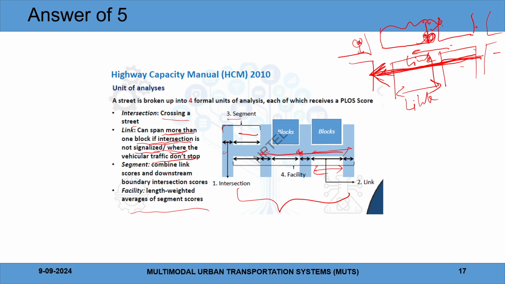If the vehicle is moving to this side, then downstream is this much portion, and this much portion is one link. So from here to here it is a segment. And the total length weighted average is called, from the first to the end point, the total facility.